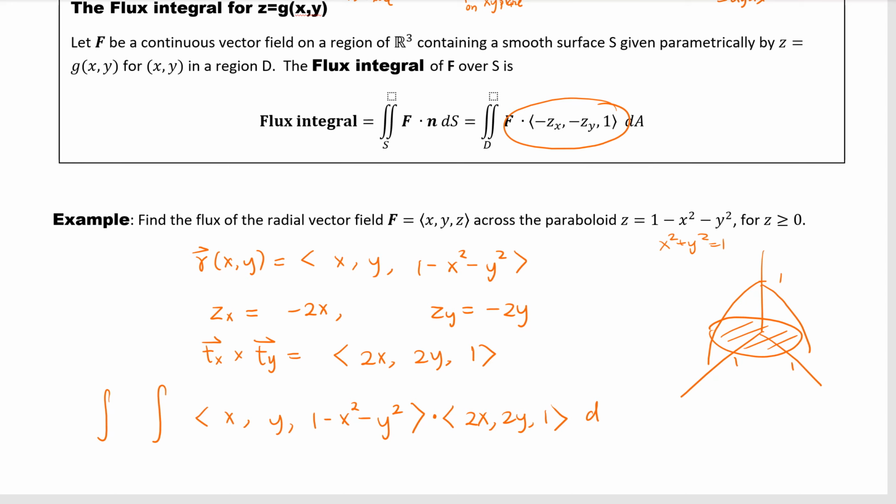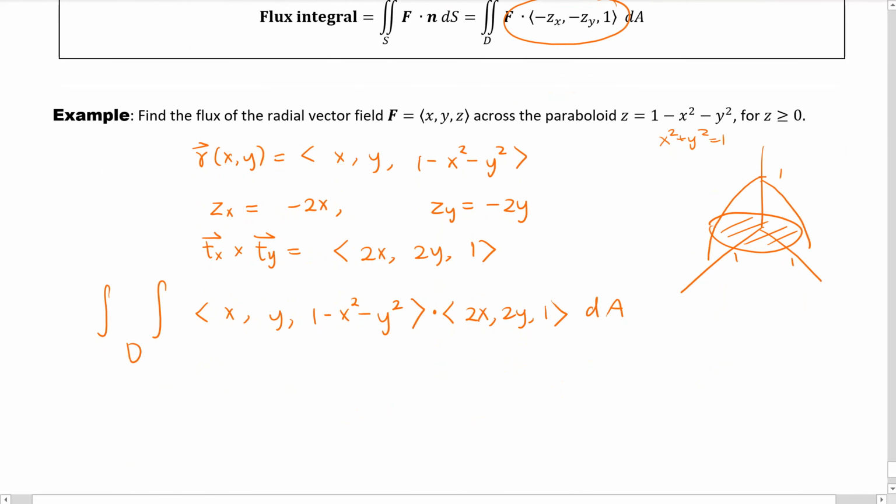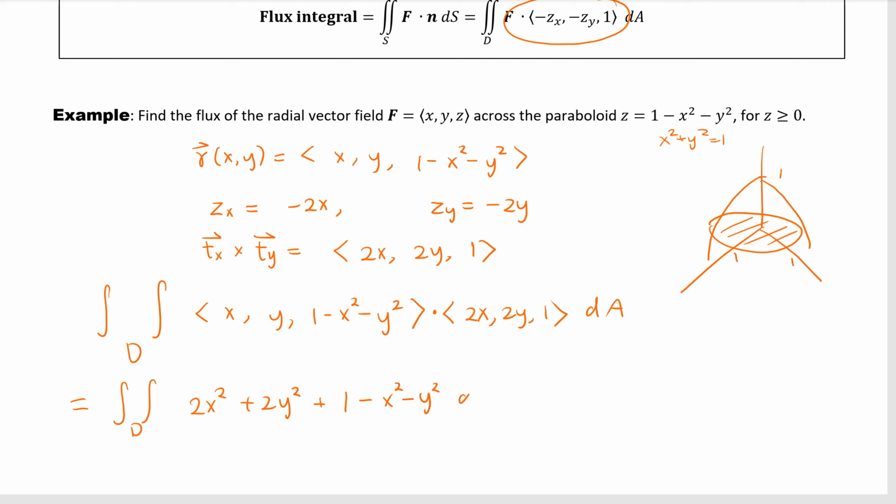Let's put dA here, and let's simplify and see what happened. Dot product: x times 2x is 2x squared, y times 2y is 2y squared, and that times 1 is 1 minus x squared minus y squared, dA.